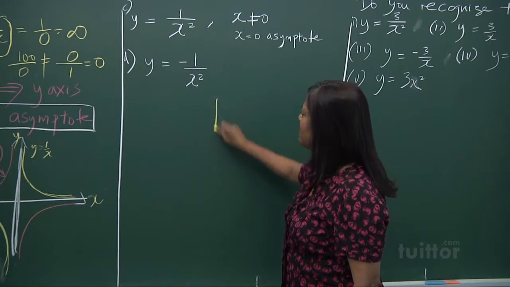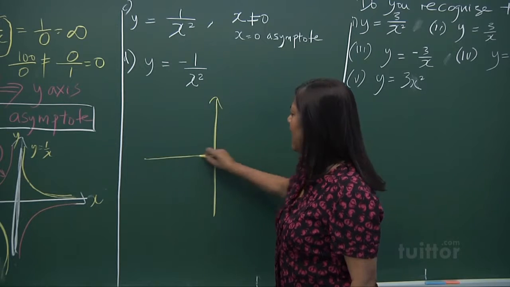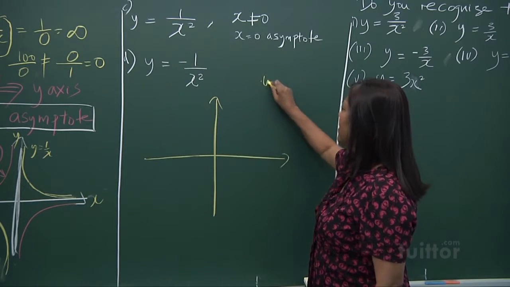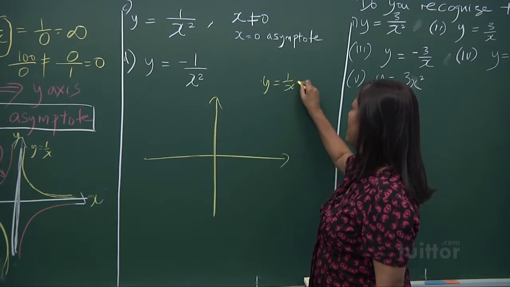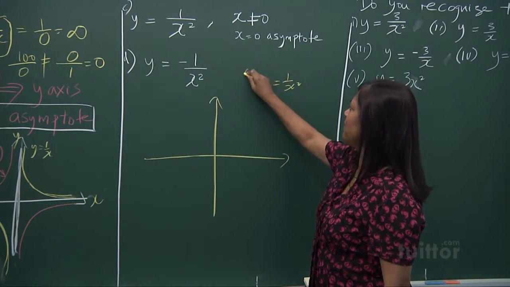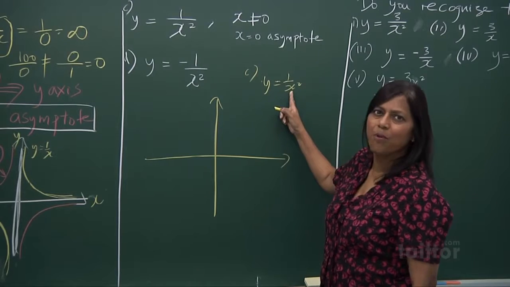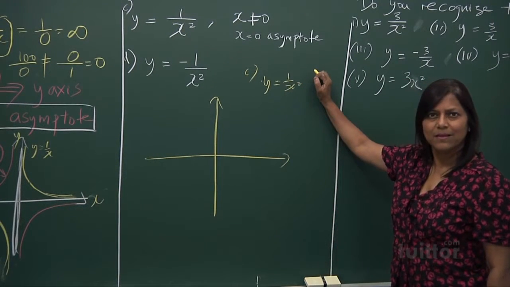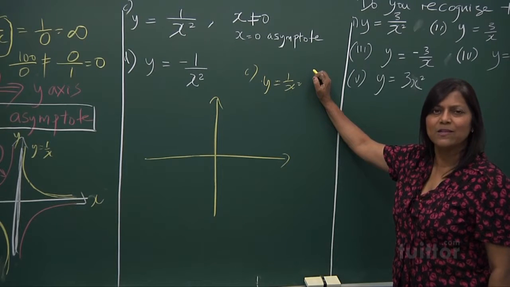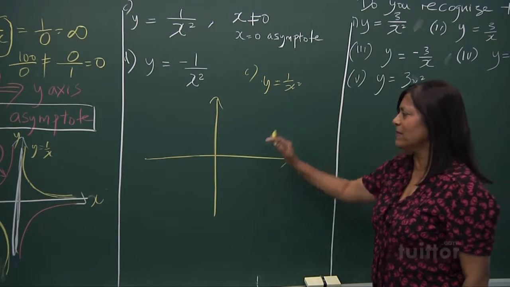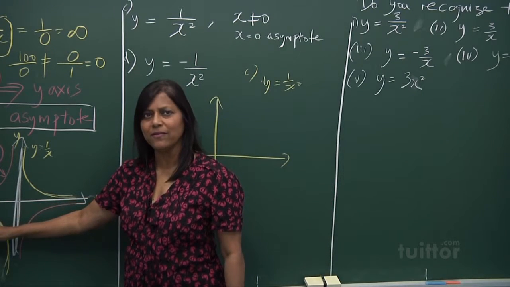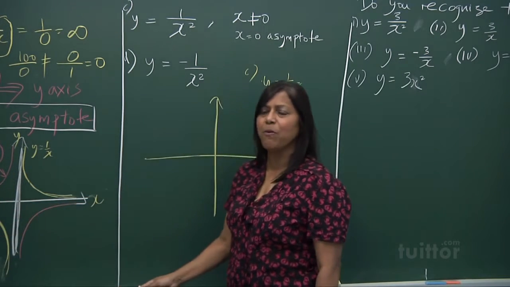It's quite similar to what we have just done. For y equals 1 over x squared, all the negative values become positive. It's just like 1 over x, but all the negative values of x become positive. So in the earlier graph you could see that y was negative, but now it becomes positive.